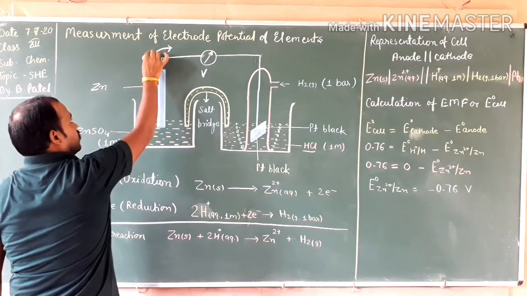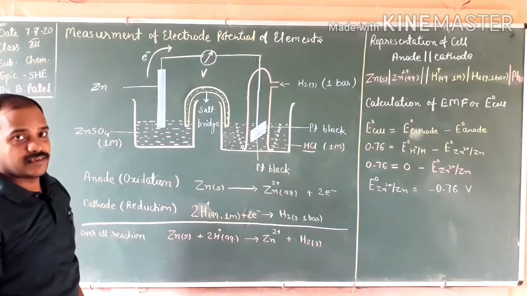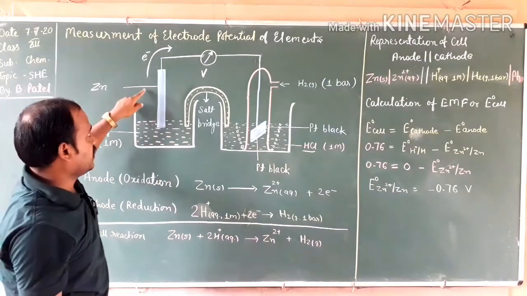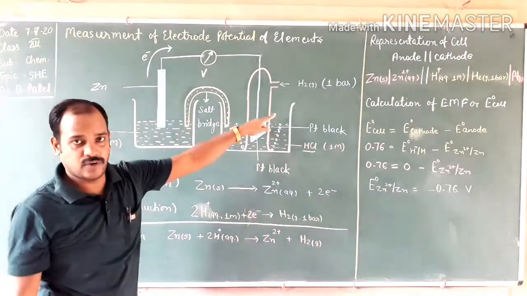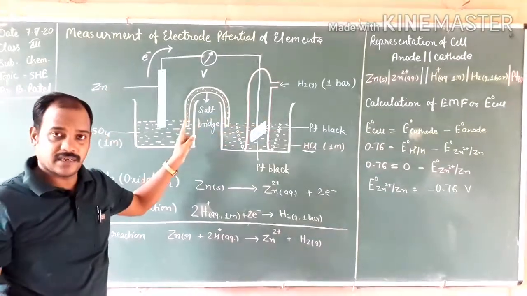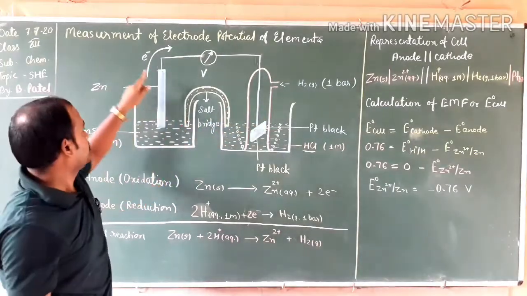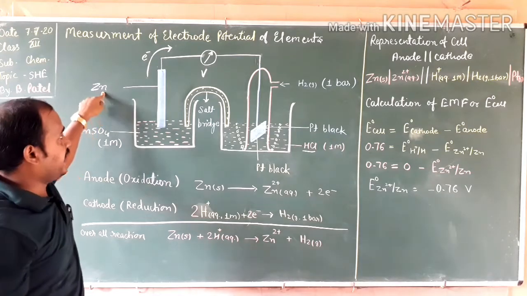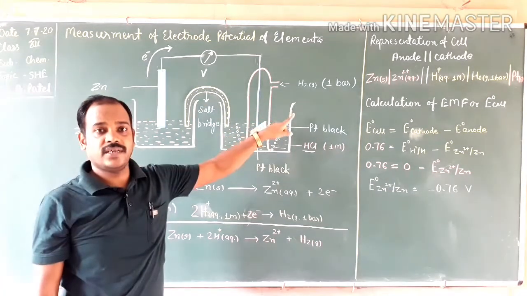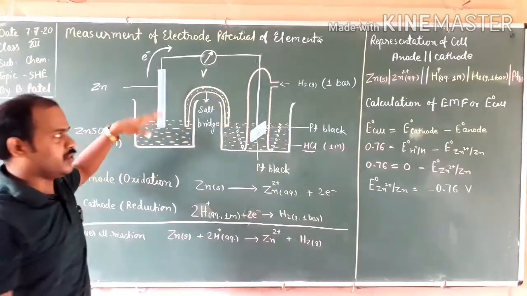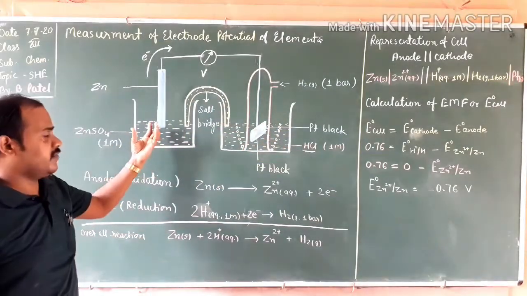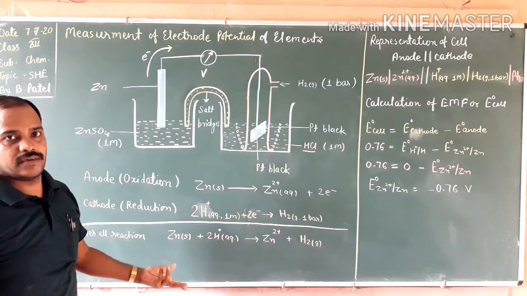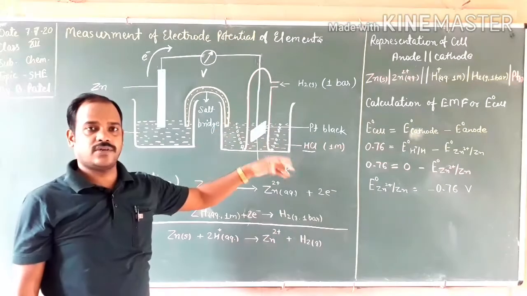So the direction of movement of electrons is this. From zinc, electrons are moving to hydrogen. What does it mean? It means that zinc is undergoing oxidation, and hydrogen is undergoing reduction.